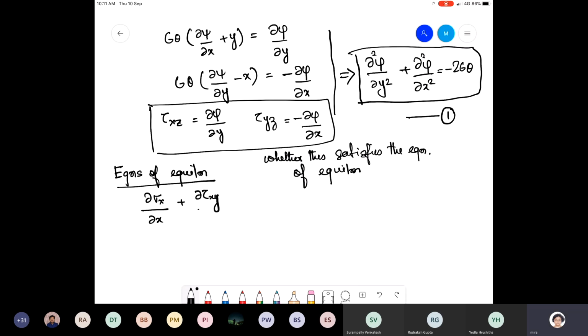Out of this, sigma x is 0, tau xy is 0, and tau xz does not vary with z, so this whole thing goes to 0.